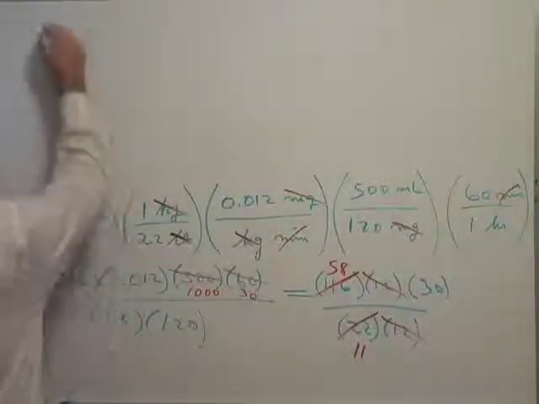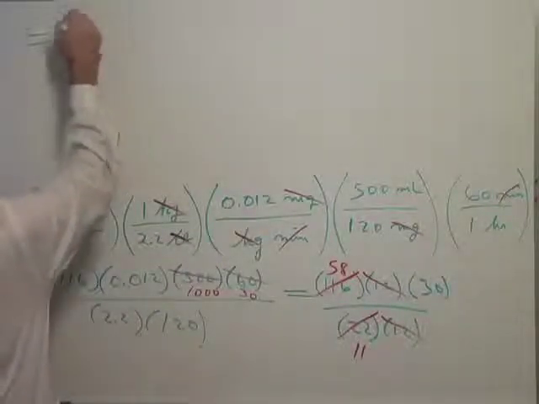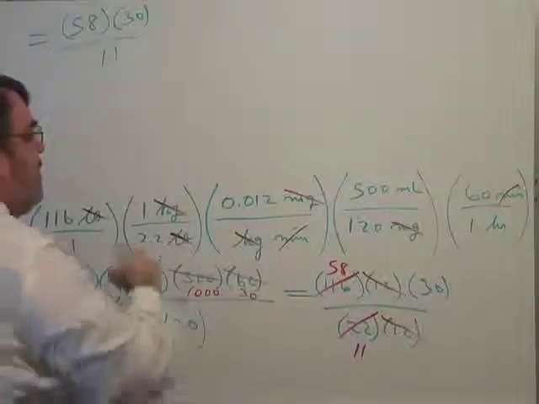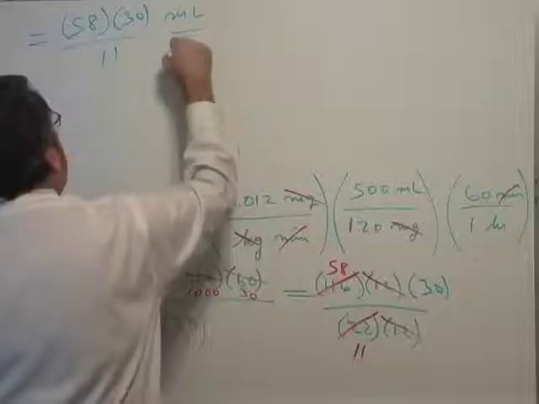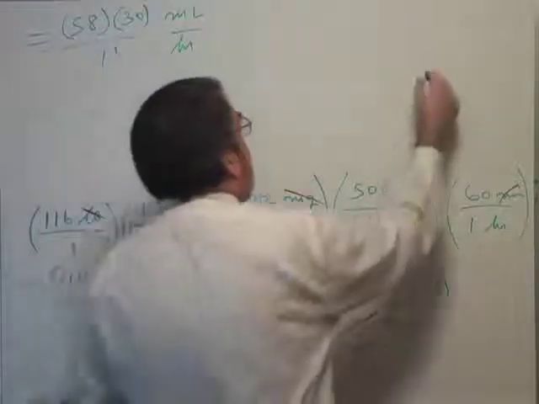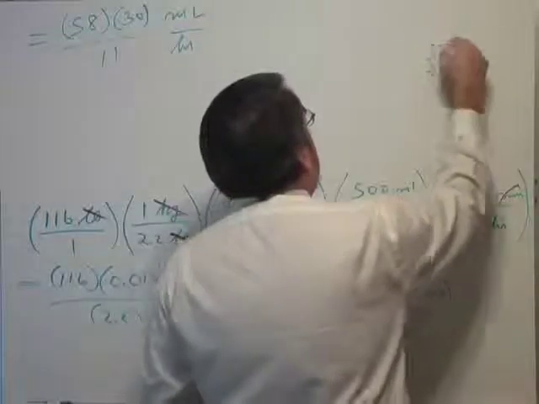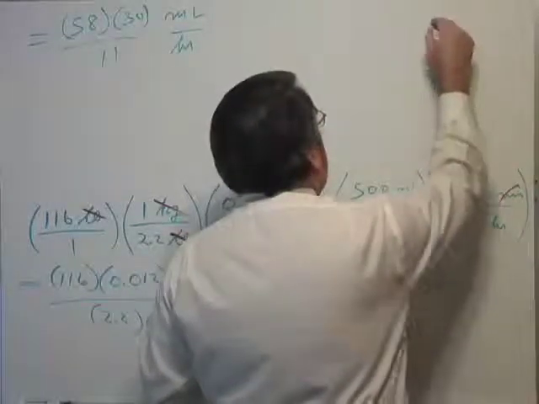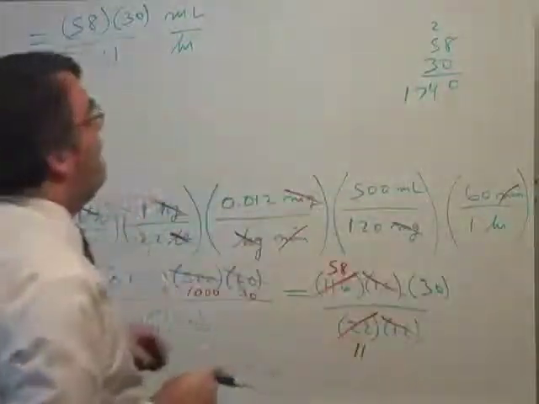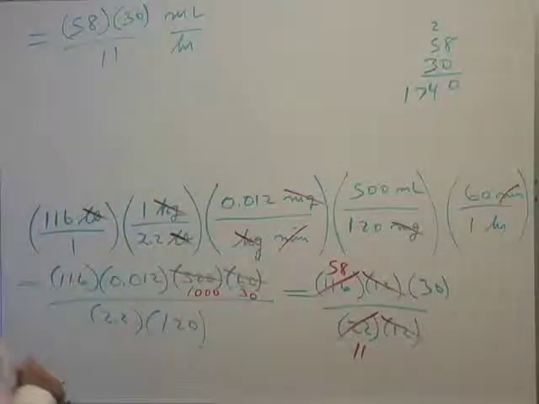Alright, so I got, let me rewrite it, 58 times 30 over 11, and it's milliliters per hour. So may as well go 30 times 58. 30 times 58 will be 1,740, I believe.